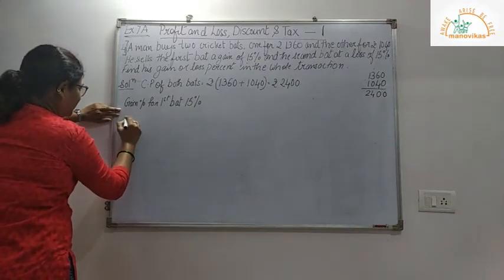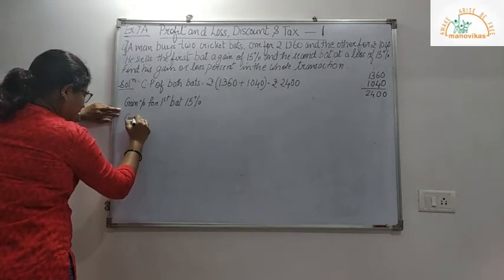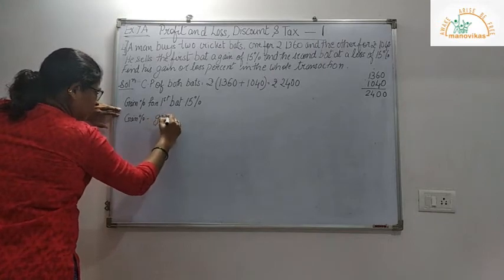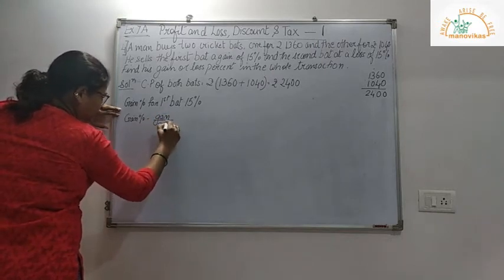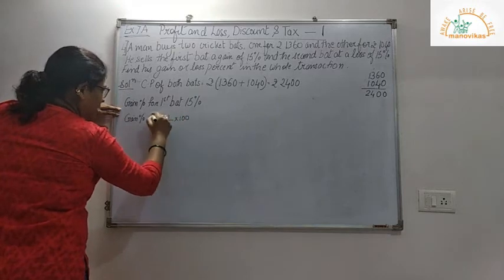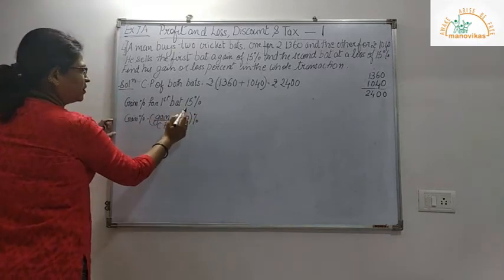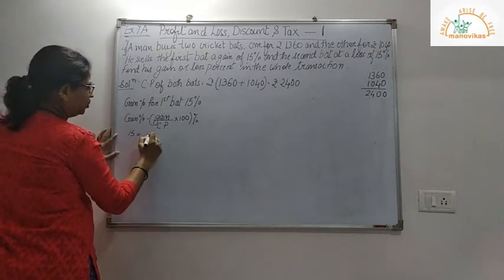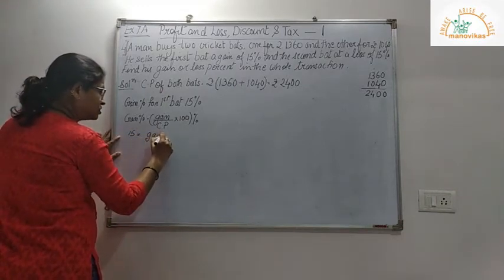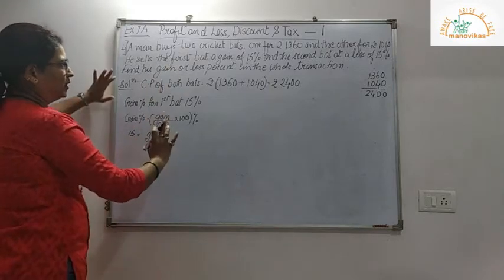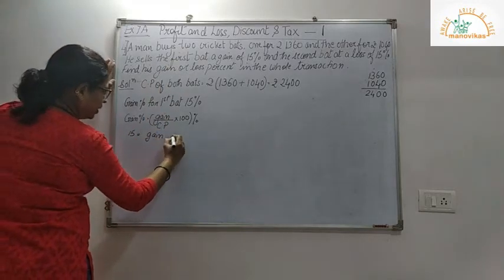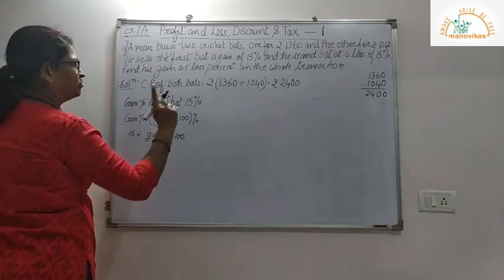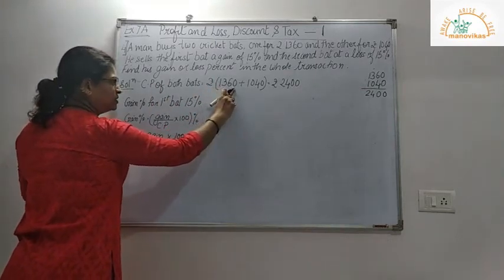So I have here my gain percent is equal to gain upon cost price into 100%. Now gain percent is given as 15. So I write it here, 15 is equal to gain. We are going to find out how much was the gain when he sold it, right? Into 100 divided by the cost price of the first bat, that is 1360.